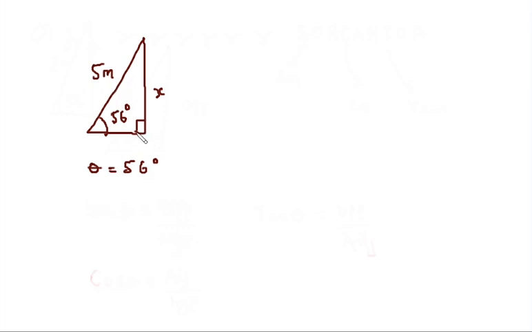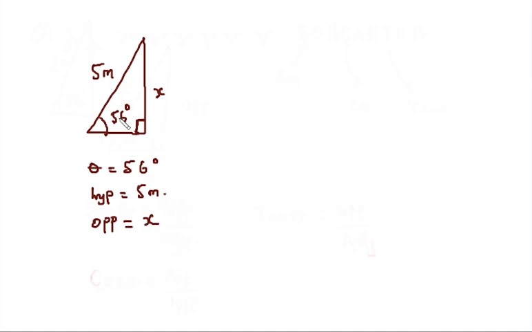How do we know the hypotenuse? The hypotenuse is the side opposite the 90 degrees. So this is 90 degrees and this is the hypotenuse, equal to 5 meters. And then this is our angle. The side opposite our angle is what we don't know, which is our unknown, so the opposite is equal to x.